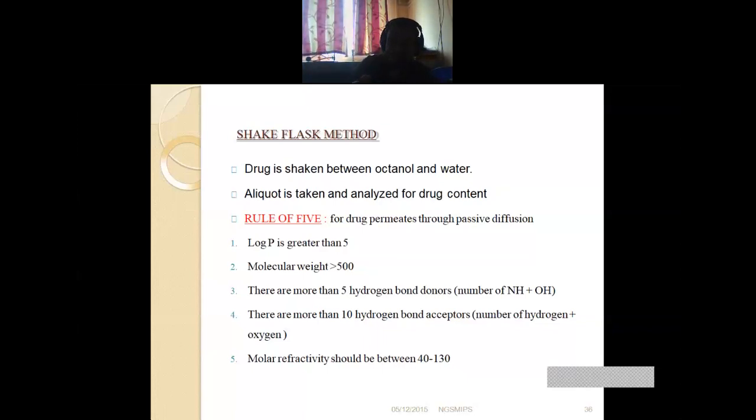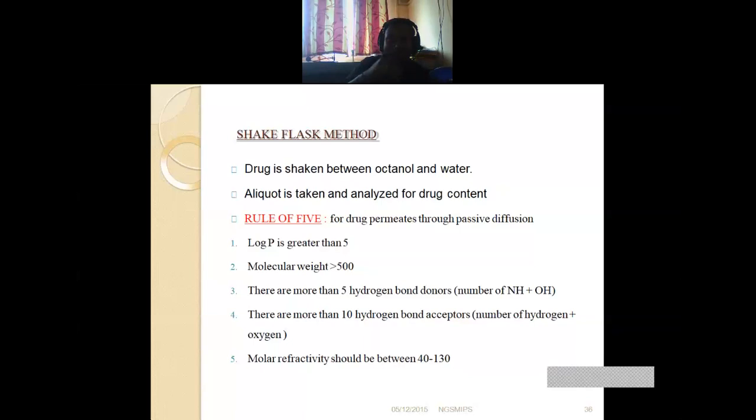If the structure of the drug molecule has up to 10 hydrogen bond acceptors, then it will follow passive diffusion. And again, the molar refractivity: if it is between 40 and 130, then it will follow passive diffusion.